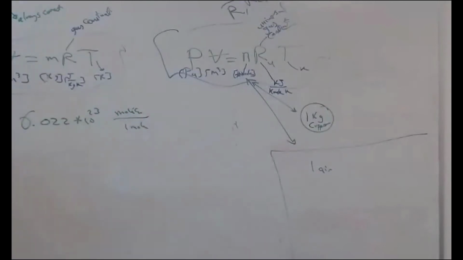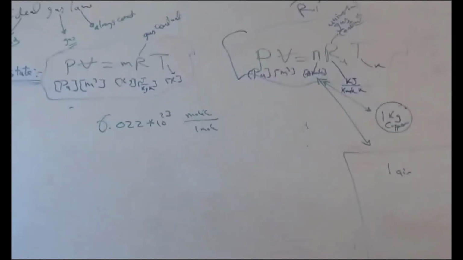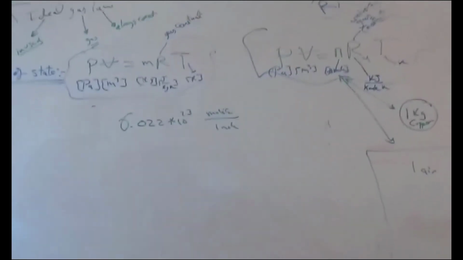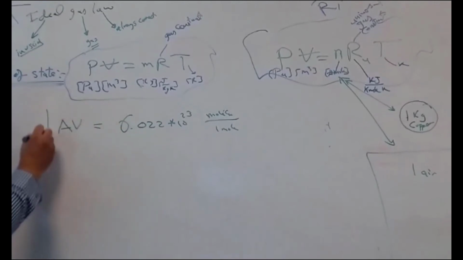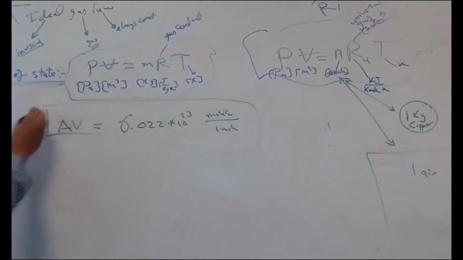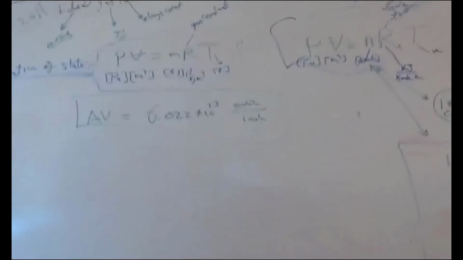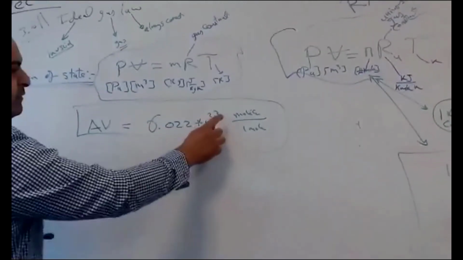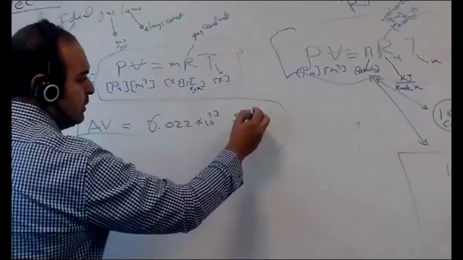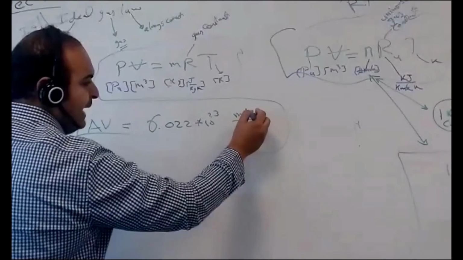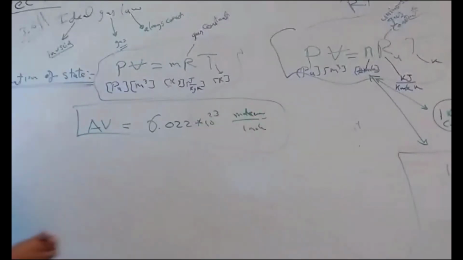He said, I'm gonna go to any material. This is the Avogadro number. If I find I have 6.022 times 10 to the 23 molecules or atoms, depending on the material, it's 1 mole.